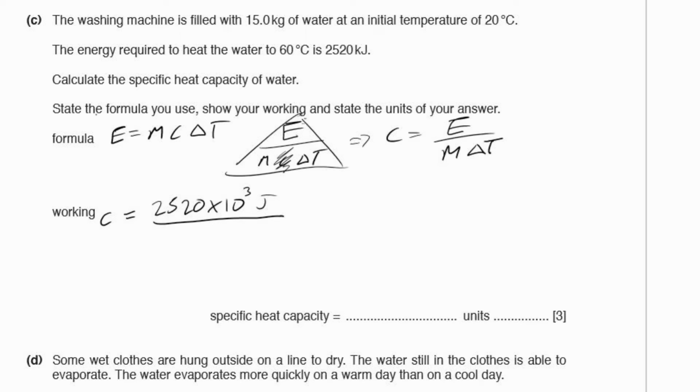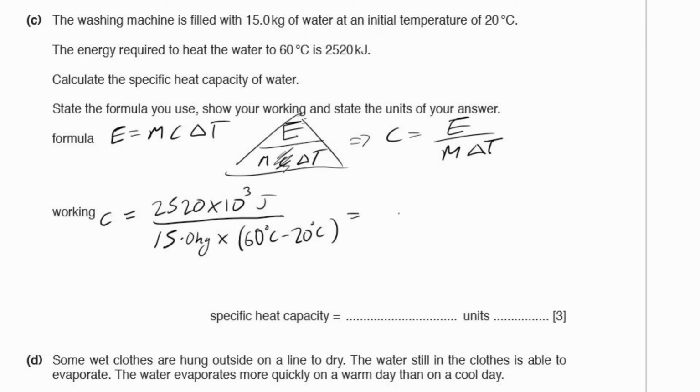We've been given it in kilograms, so I'm just going to do this in kilograms. So 15 kilograms multiplied by the change in temperature, that's 20 degrees C to 60, so 60 final minus the initial. So that'll give us 40 degrees Celsius.